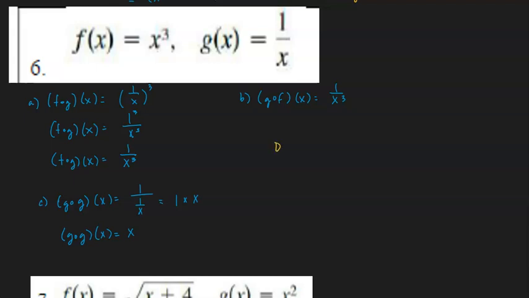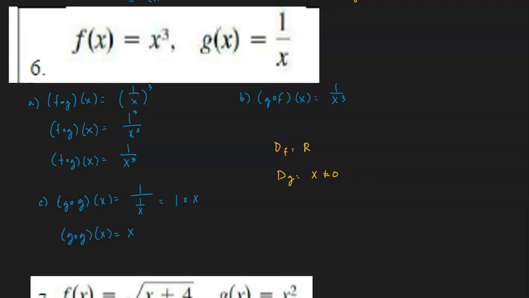Let's go ahead and state the domain of f is going to be all real numbers, since it's a cubic function, but the domain of g is x cannot be equal to 0. Okay, so it's a case-by-case thing where we have to look at each of the functions and see where the input is.